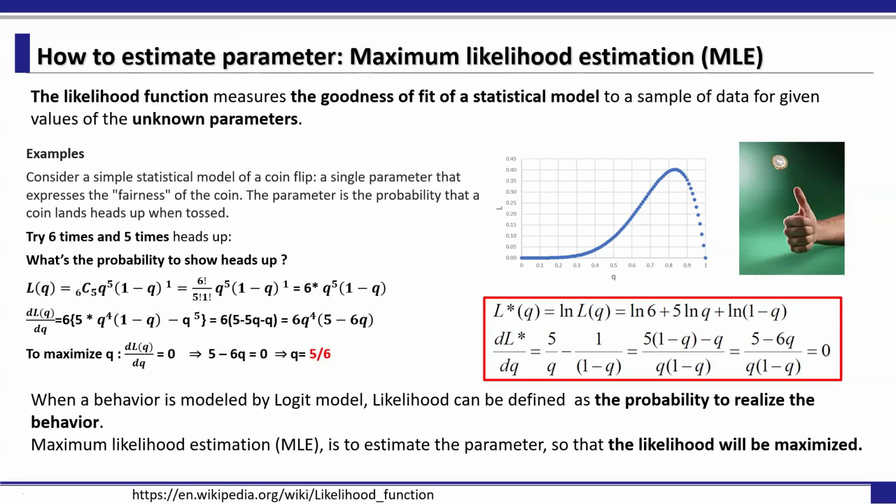Usually, generally, the probability of showing heads must be 1 in 2. However, when you try 6 times, surprisingly, 5 times it comes up heads.